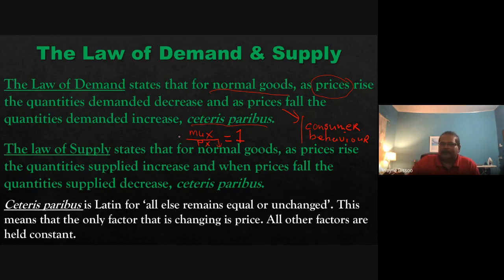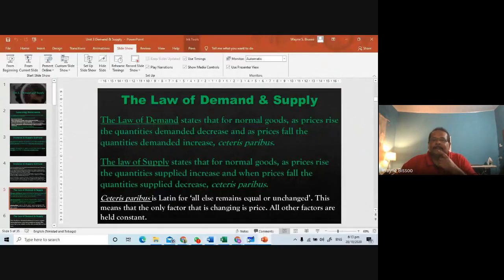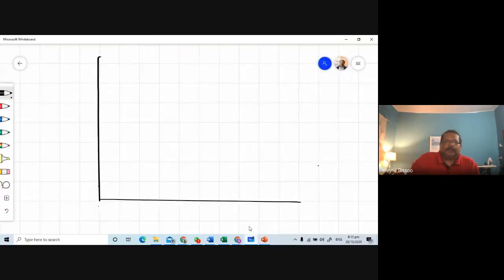So let's say we were paying, all right, I do have a whiteboard up so we could look at it there to make it a little easier for you to see. So we have the marginal utility of good X over the price of good X is equal to 1.